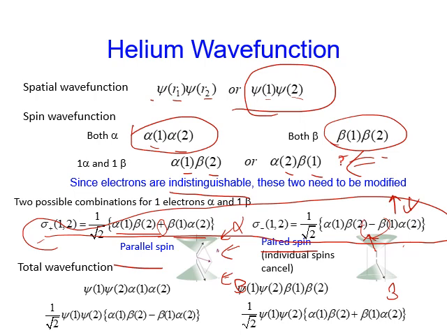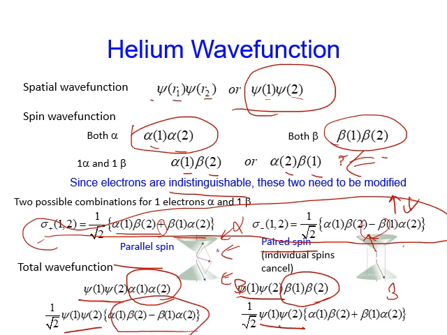Here are the 4 possible wave functions. The spatial wave function is always the same, the product of the 2 individual wave functions, and then the spin: both alpha, both beta, 1 alpha 1 beta, 1 alpha 1 beta. So you have 4 ways to write the total wave function for the helium atom. But which one is the correct one? We'll see in the next slide.